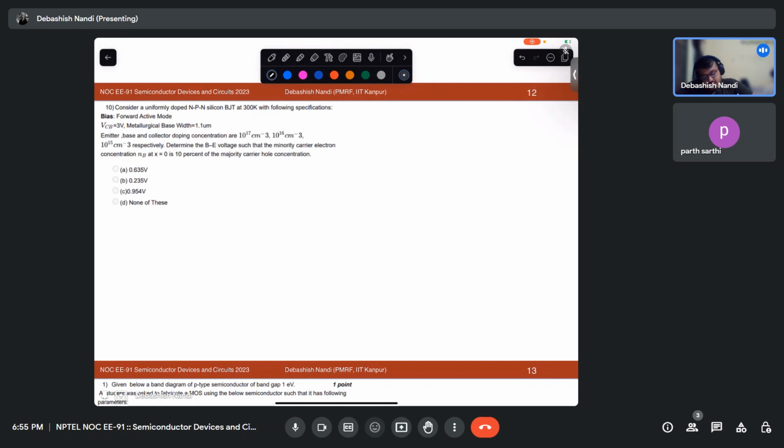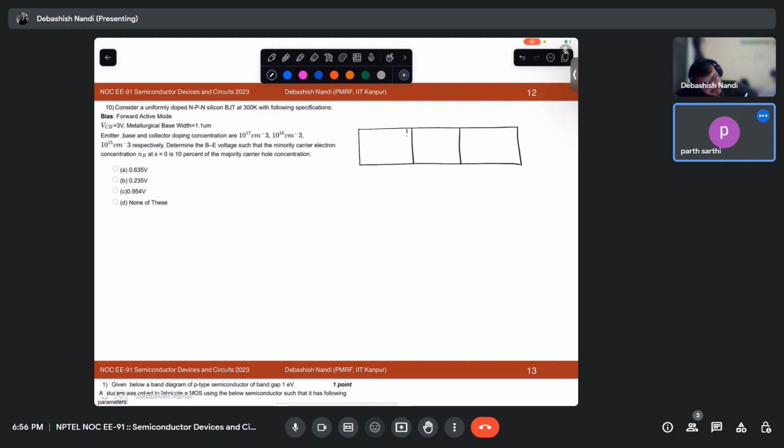So consider a uniformly doped NPN silicon transistor with the following specifications. Okay. So let us draw the silicon transistor. Again, I will have this kind of depletion regions.